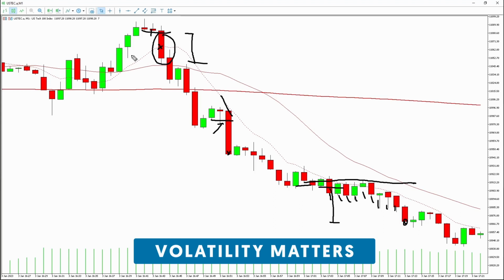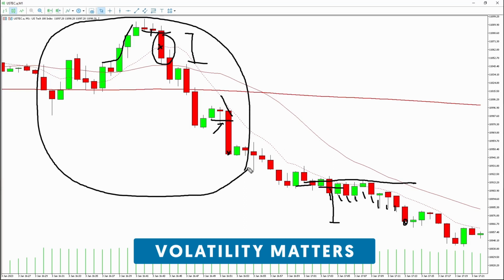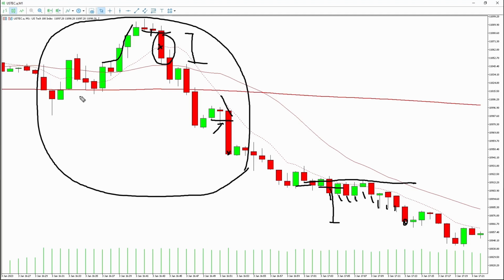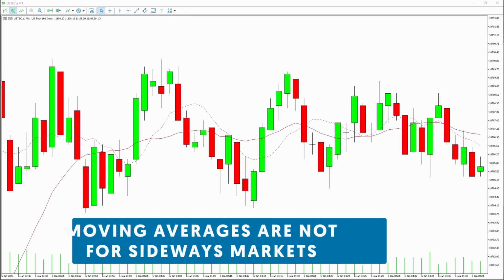So much better to trade these fast moves in 1-2 candles, you are out. And that's why I encourage everyone to try to trade the open of the market. The movements are much clearer too. They are not as messy as this, not so much sideways. So these are the best times that you can use to trade using moving averages.